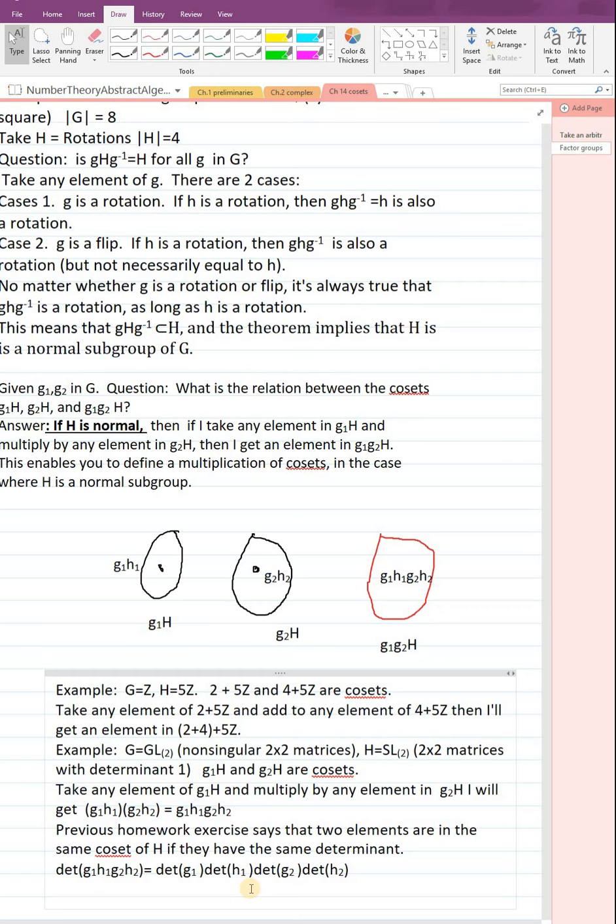Remember that H is the subgroup with determinant 1.